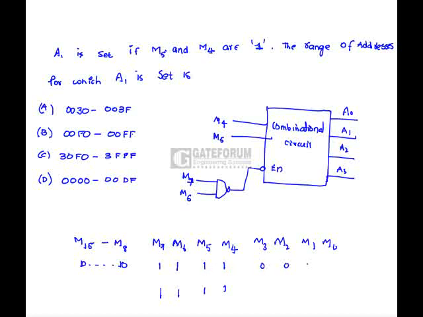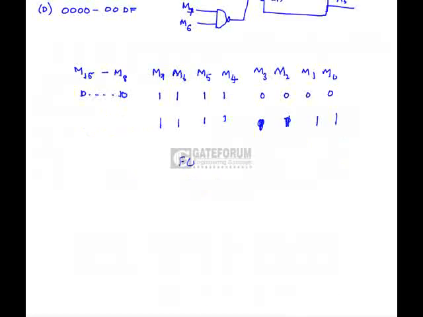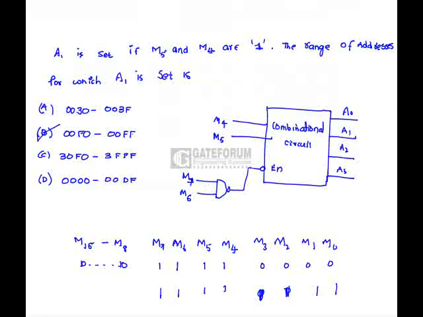M3, M2, M1, M0 can be varied in this range. So it is F0 to FF in the lower byte. So the complete address range is 00F0 to 00FF. Hence option B is correct.